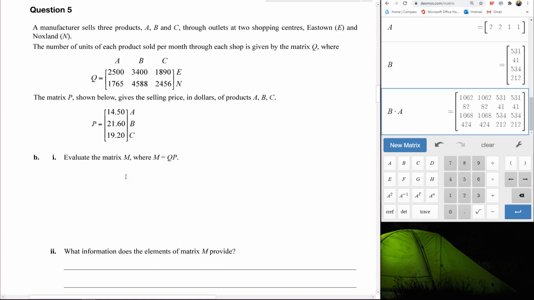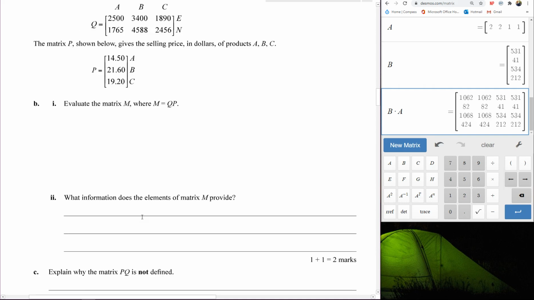Evaluate the matrix M, where M equals QP. If you multiply Q times P, this is the number of items multiplied by the cost for each item. What is it going to give you? It's matrix M, and what does that provide us? I'll answer that in a second.